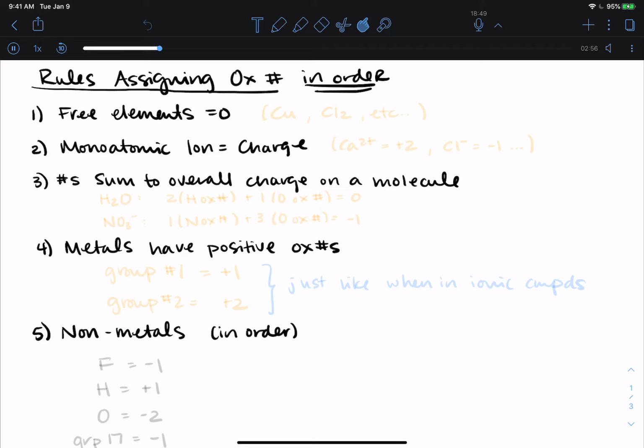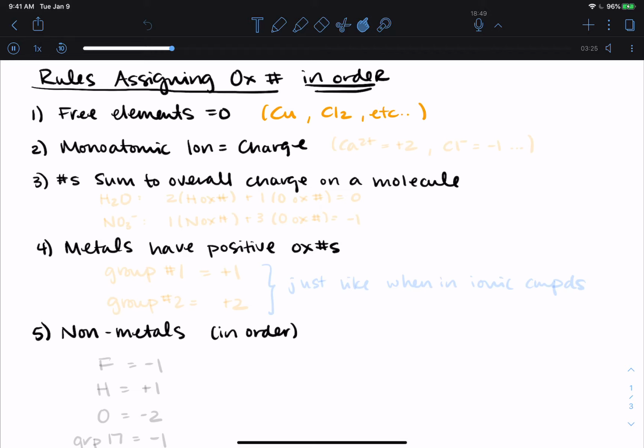So the first rule is that free elements have an oxidation number of 0. So what we mean by this is that if you had solid copper metal, that copper would have an oxidation number of 0. If you had Cl2, which is how chlorine is found as a pure element, the oxidation number here is 0, and so on.